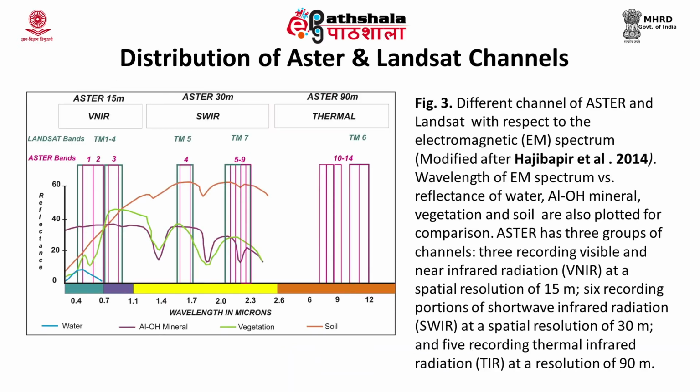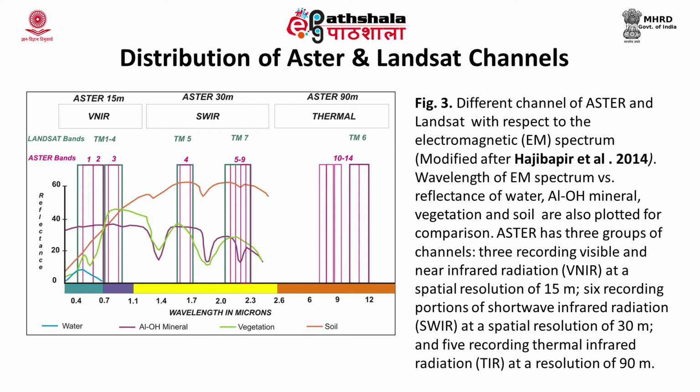Here in this diagram we can see how these ASTER and Landsat channels are distributed with respect to the different electromagnetic wavelengths. If you look at the ASTER image, you can divide it into 3 different parts. One is VNIR, that is visible and near infrared radiation, in that range it will collect information.